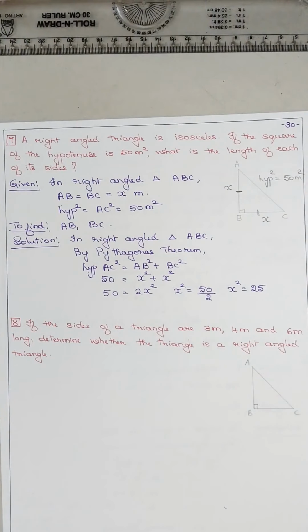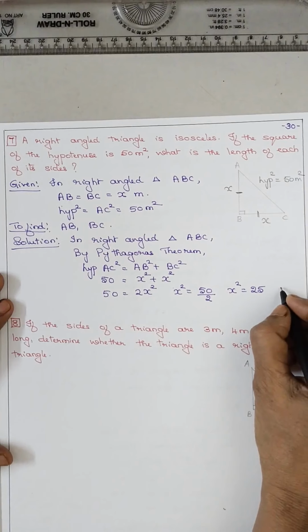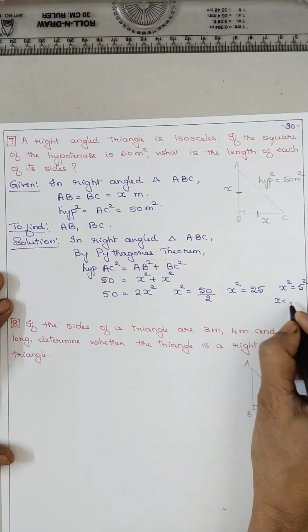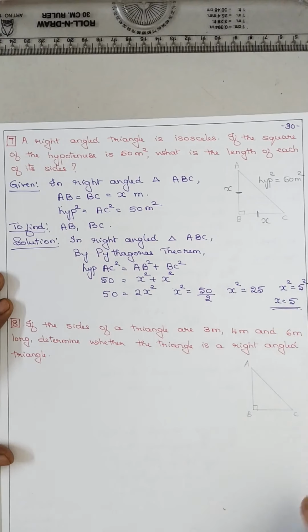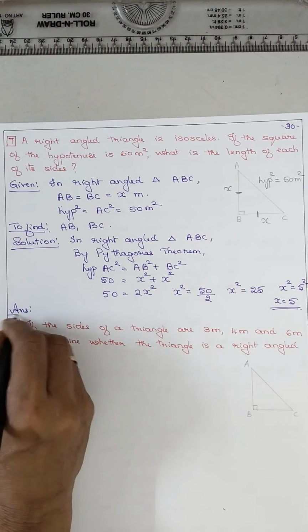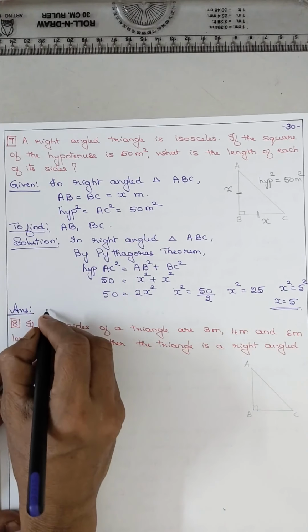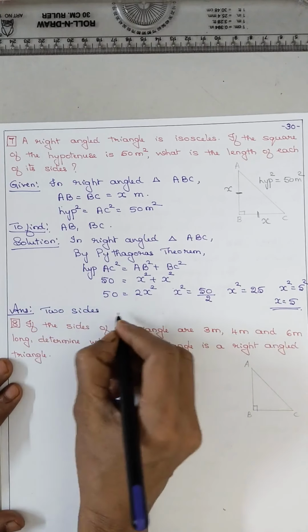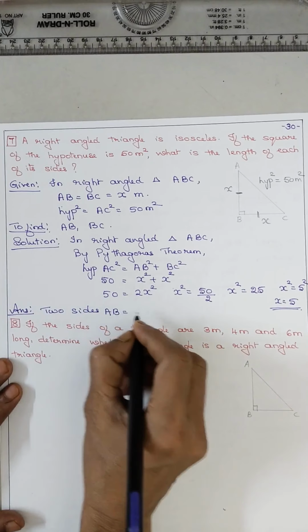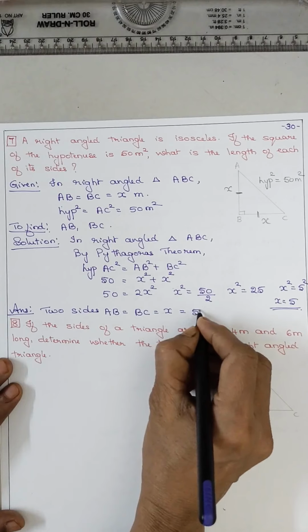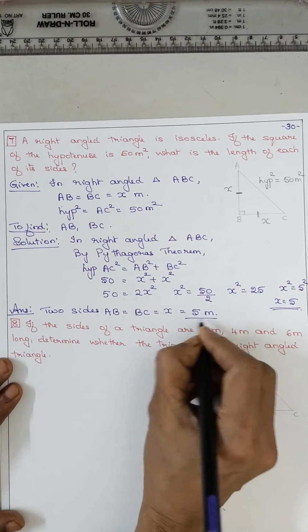Now 25 is the square of what? It is 5 square. x square is equal to 5 square. So x is equal to 5. Understood? Answer: the two sides AB is equal to BC is equal to x, that is 5 meter.